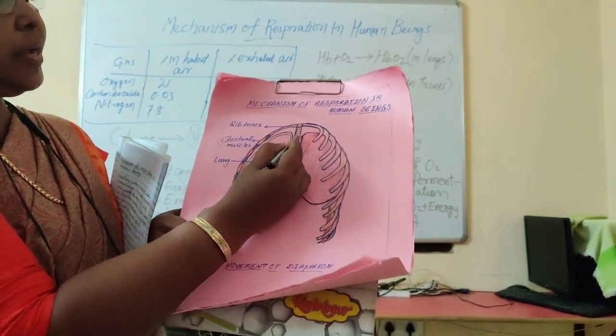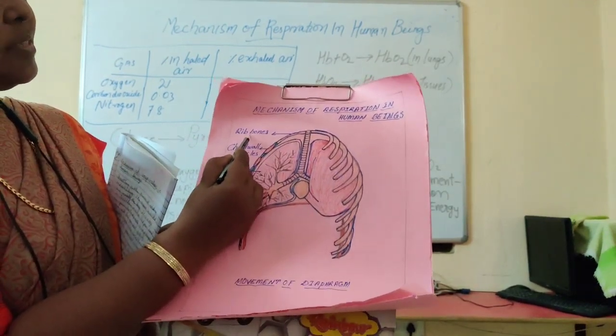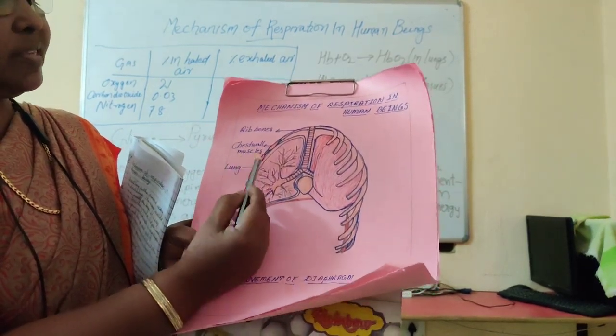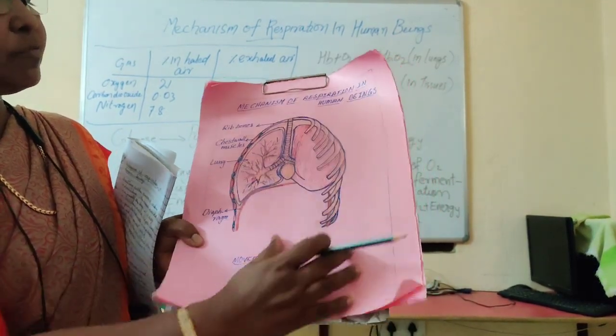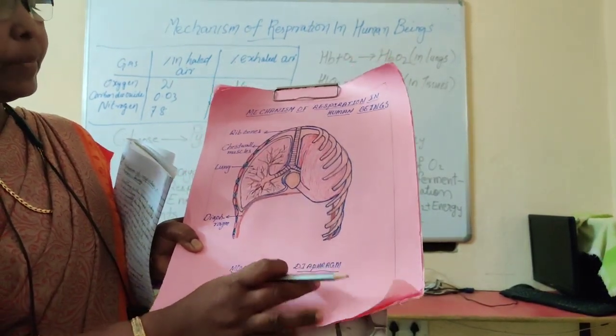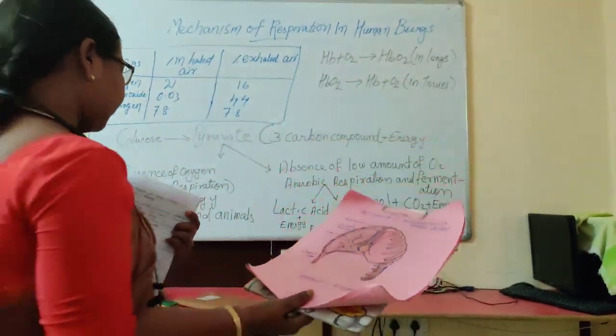This is the trachea. These are the rib bones and the chest wall muscles. These are the parts. Okay, see well and study.